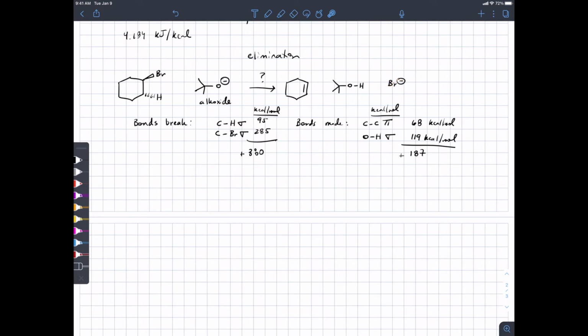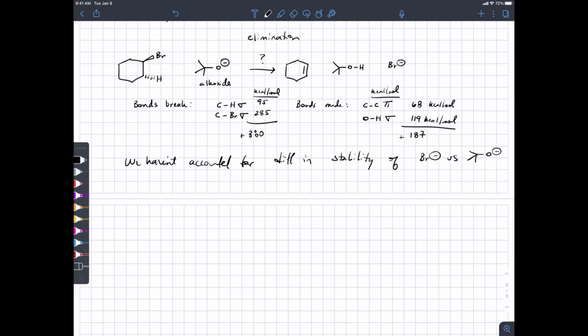So this math that deals with the strength of the bonds formed versus broken does not account for the difference in stability of a Br minus versus a negatively charged oxygen.